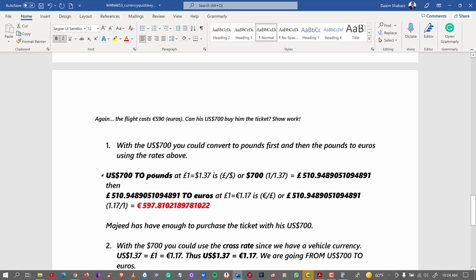You're converting dollars to pounds first, so that's going to the pound. Whatever the 1 is, that's going to be the base currency. So 1 pound is equal to 1.37, so going to pounds, that's 1 over 1.37.